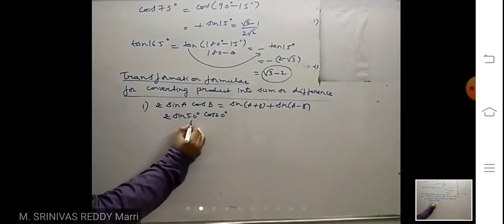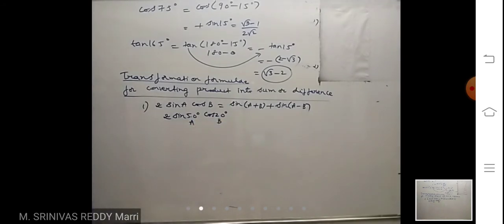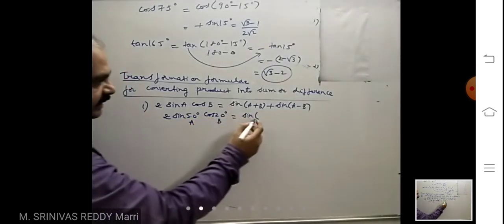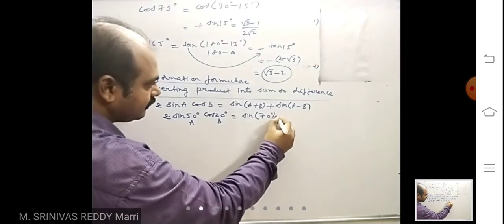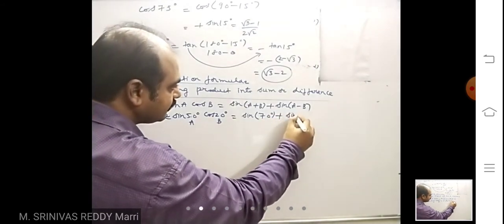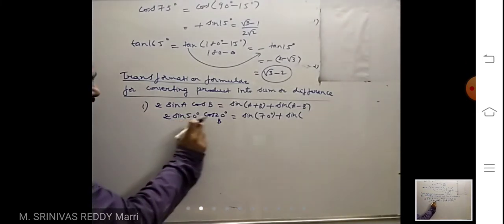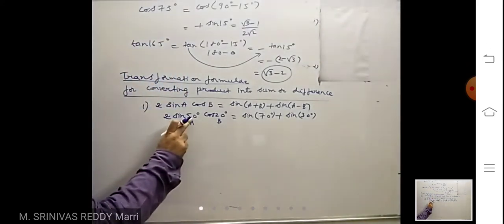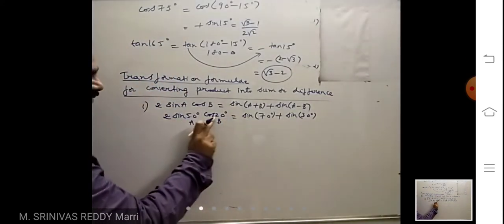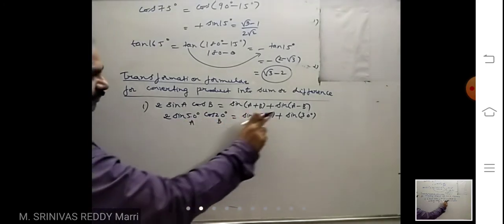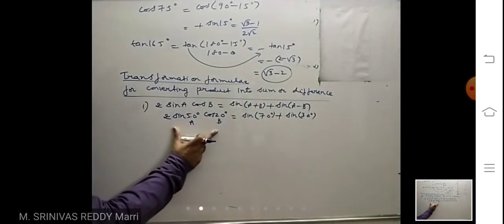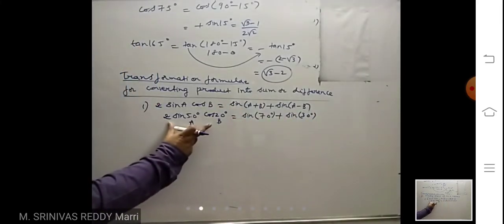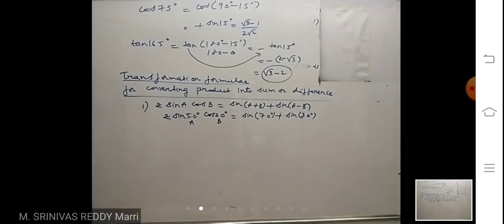So this is A, this is B. 2 sine A cos B is nothing but sine of A plus B, 70 degree, plus sine of A minus B. A minus B is what? 30 degree. Sine of A plus B means 50 plus 20, and sine of A minus B means sine 30. Like that, this product can be converted into sine of this plus sine of that. Whenever you need to convert a product into a sum or difference, we will use these rules.